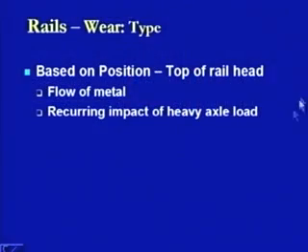Then another case is the recurring impact of heavy axle load, because we are talking about the top of the rail head. Therefore, what may happen is that there are heavy axle loads which are coming again and again, and they are creating an impact condition at the top, or there is a rubbing action which is going on at the top of the rail head because of the successive movement of the rolling stock at that section.